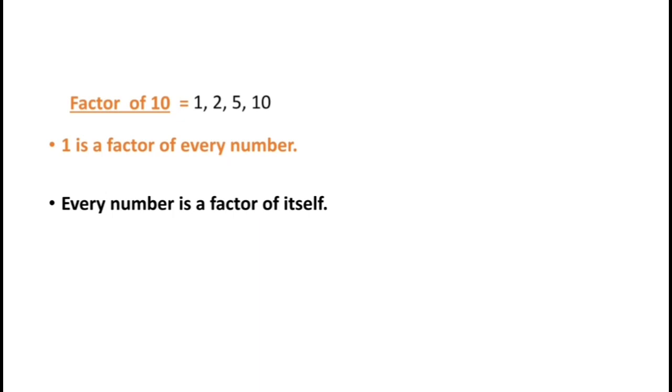Now in this factor, the factor is 10. Factor of 10 is 1, 2, 5, 10. If we compare these numbers, what we can say? 1, 2, 5. These three numbers are less than 10. And the last factor 10 is equals to 10.